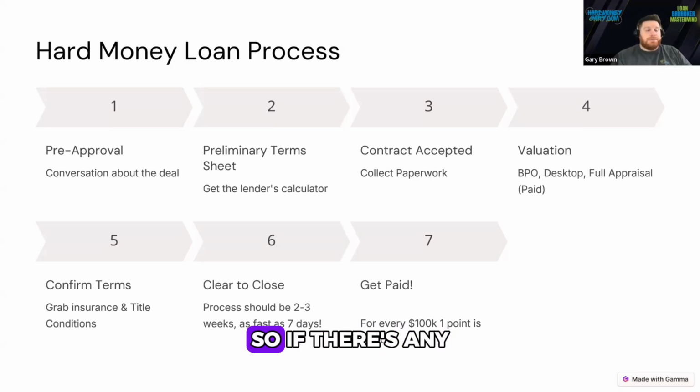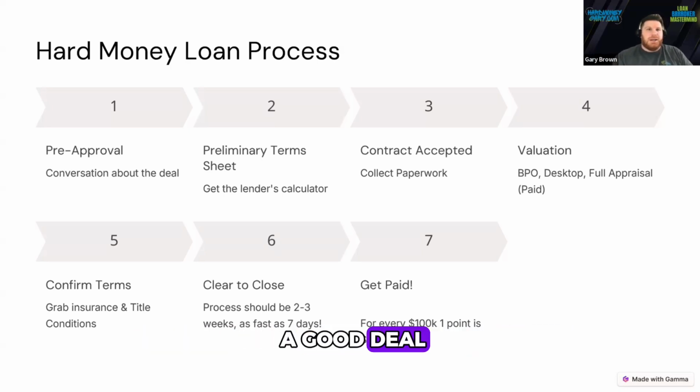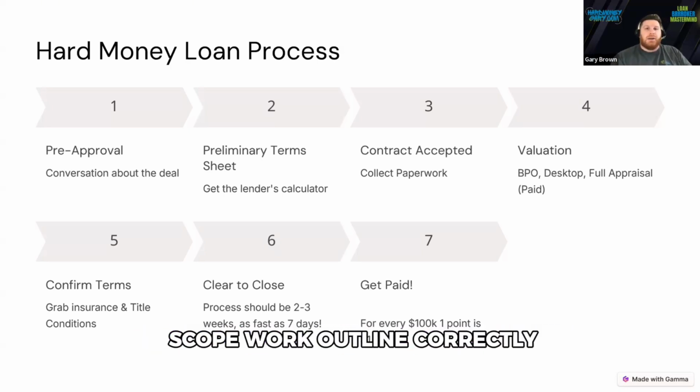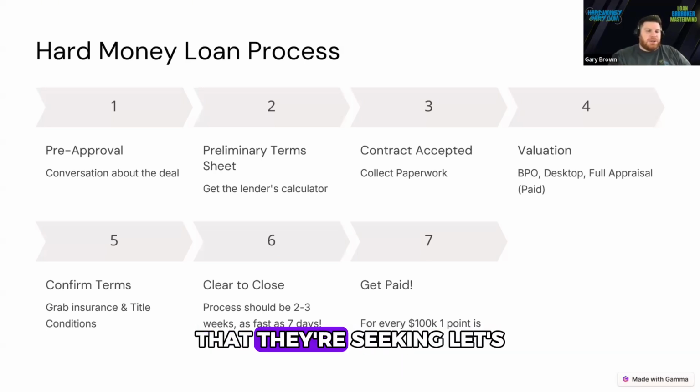So if there's any holdup or any stick in the transaction, it's going to happen here at the valuation. Most of the time, we're going to get a confirmation of the purchase price. And if they've bought a good deal and they have their scope of work outlined correctly, they're going to get the after repair value that they're seeking.